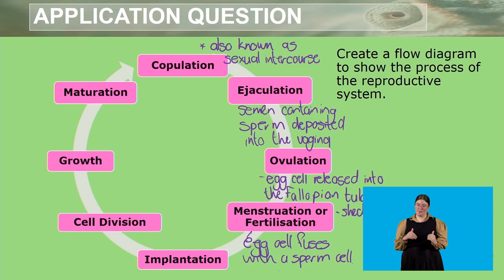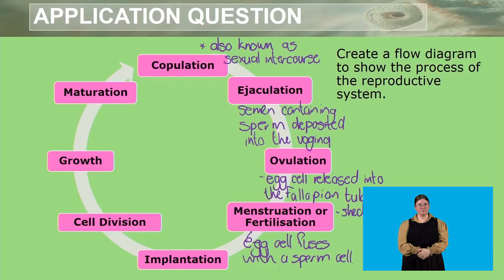Once the fused egg cell and the sperm cell reach the uterus, they will implant themselves, basically burrow themselves into the uterus wall. We know that when this happens, it is because the embryo is going to be receiving nutrients from the uterus wall, that is also known as the placenta.